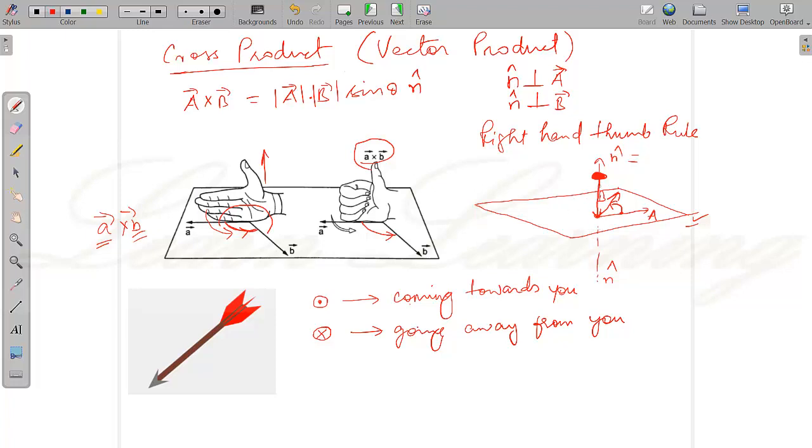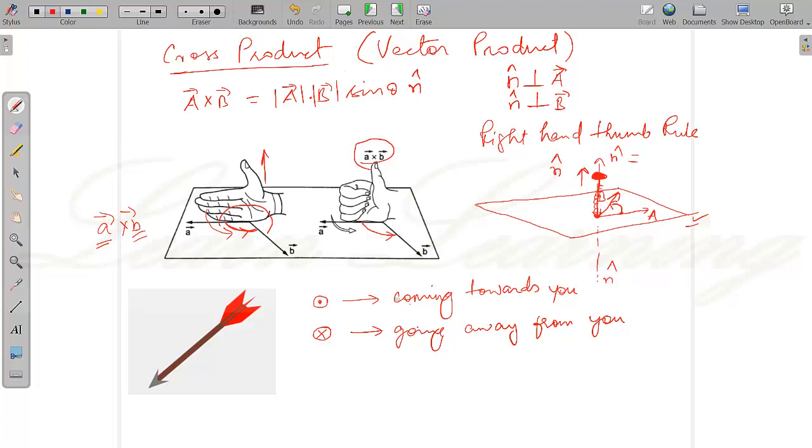In this example, if you turn this screw from A to B, the screw is coming upwards, so it is unwinding. So this will be the direction of your A cross B vector.